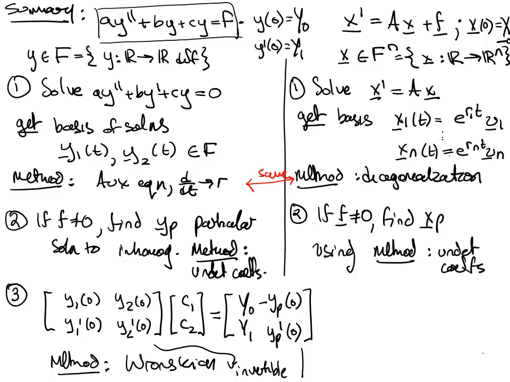Okay, but same high level idea, same idea of zooming in on a subspace and looking for a solution in that subspace. And then the third step, I have to fit my general solution to a specific solution. And now instead of a 2 by 2 linear system, I get an n by n linear system. So I get x_1 of 0. I'm trying to find a linear combination of my fundamental solution set, my vectors in my fundamental solution set.